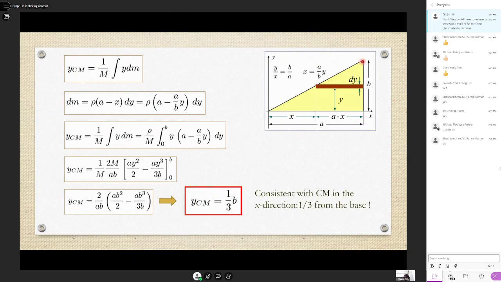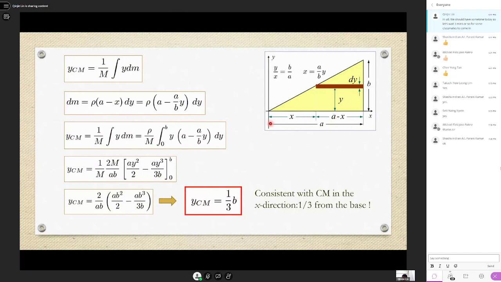But because now we are doing from the top to the bottom, small strip all the way to the bottom big strip, we would want to write out the length in terms of x. We cannot just straight away use x, because x starts from the 0 point, but now we are starting from the other end. So we will define this length as a minus x.